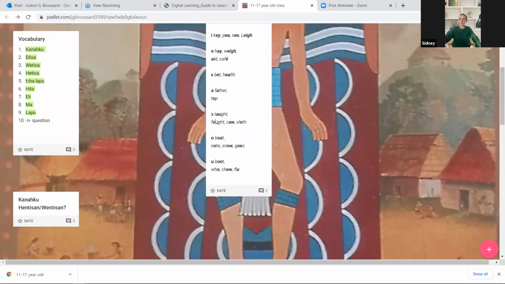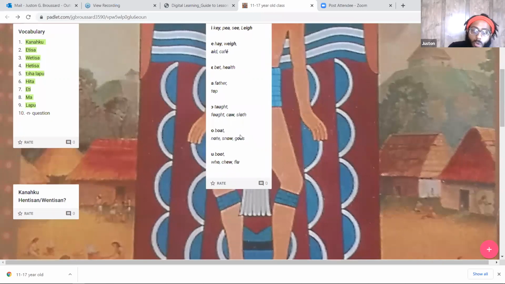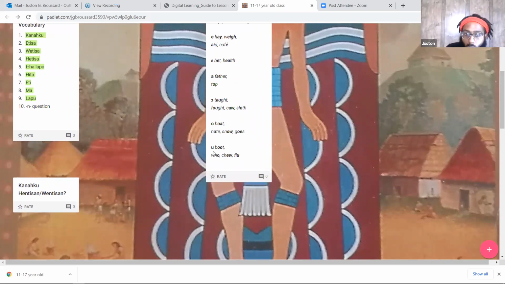Aw, as in taught, fought, caw or sloth. And we have O, as in boat or note or snow and goes. And U or oo, as in boot, who, chew, and flew.